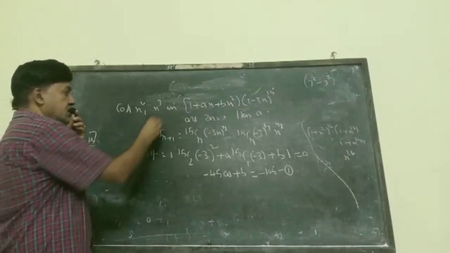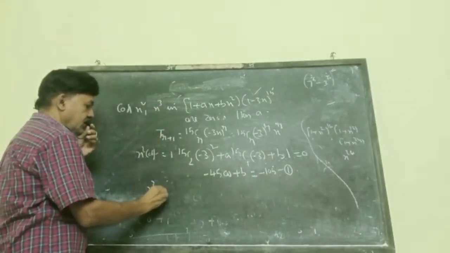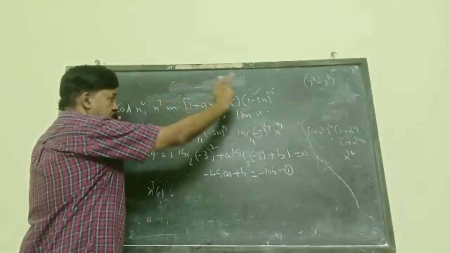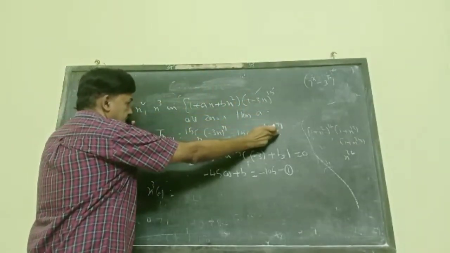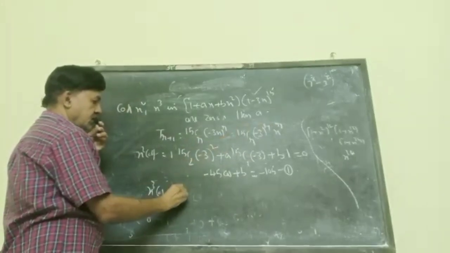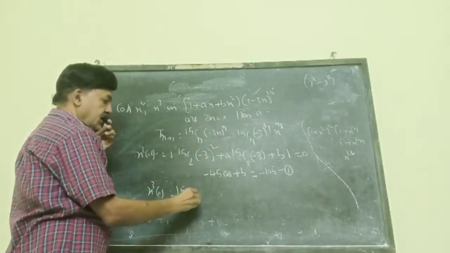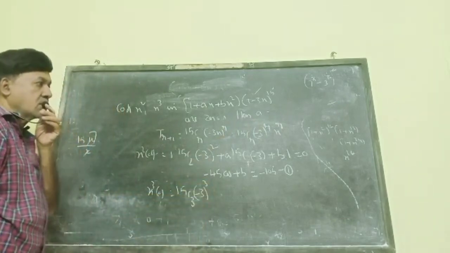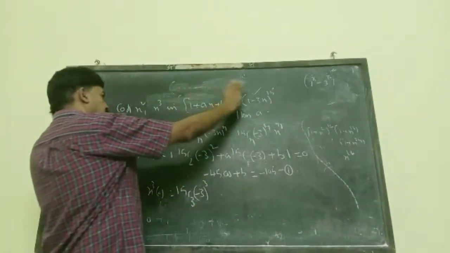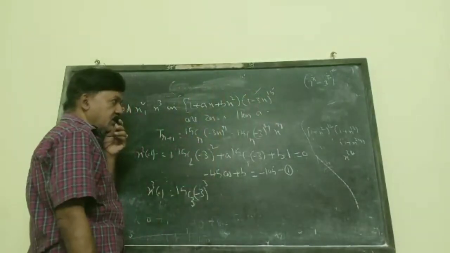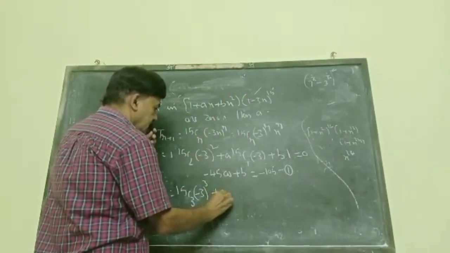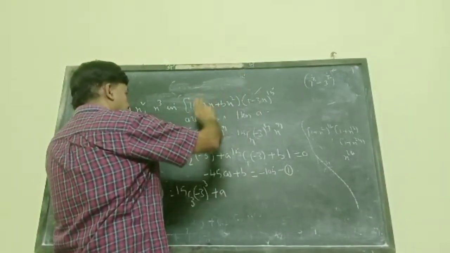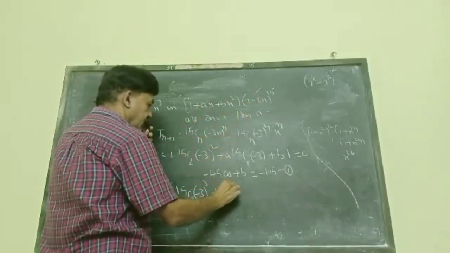Then what is the x cube coefficient? The x cube coefficient is equal to 1 into the x cube coefficient in this, meaning r value 3. So 15C3 (-3) whole cube, plus a into the x square, I shifted, so r value 2.